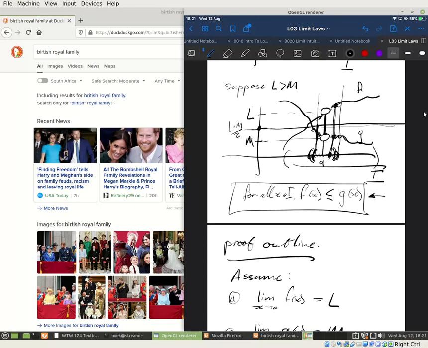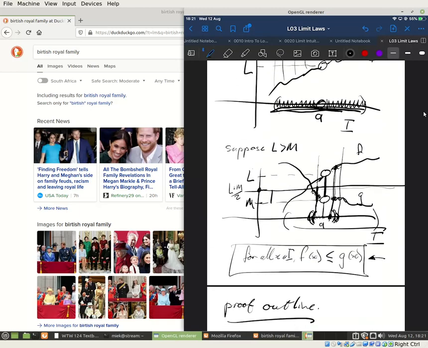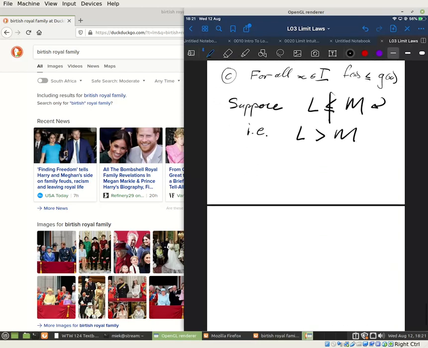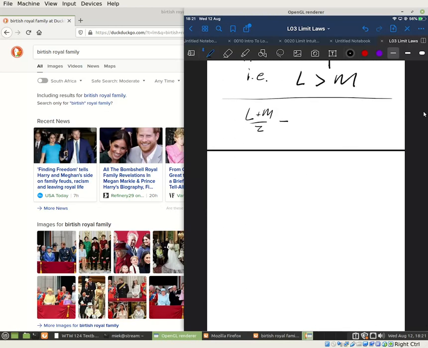So, let's see. What is this distance from the average, L plus m over 2, to m? Let us take a look there. What is that distance? L plus m over 2 minus m.